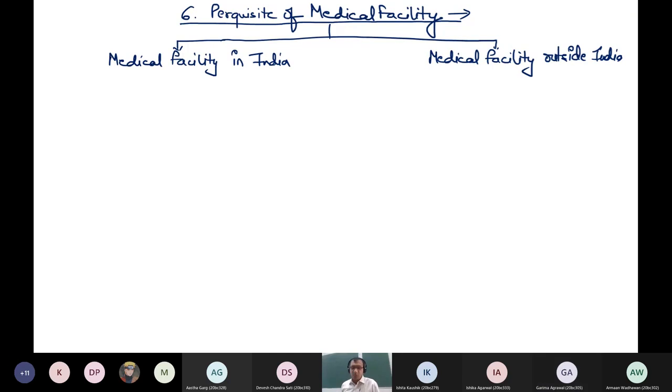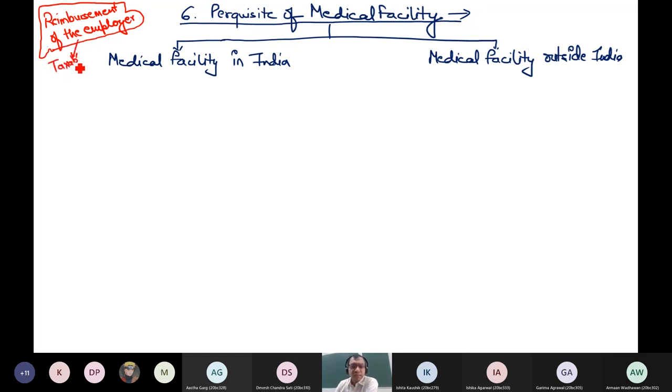Maybe because of a net problem this is happening. Anyhow, now whatever is the reimbursement of the employer, we have to check whether this amount is taxable or not.